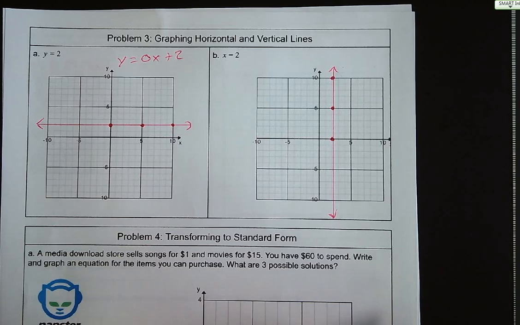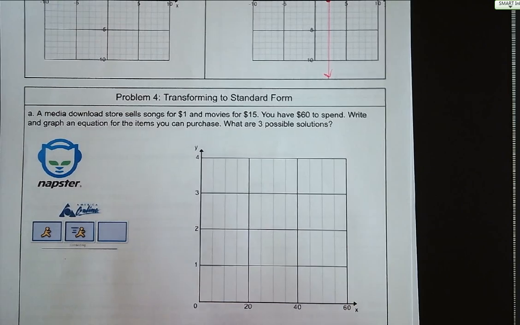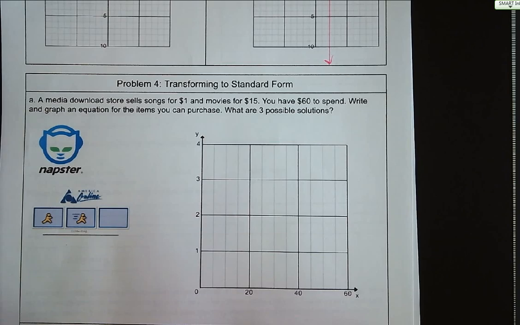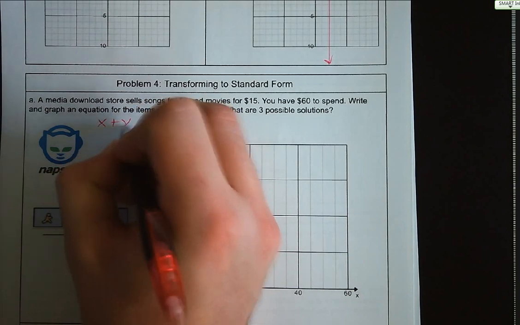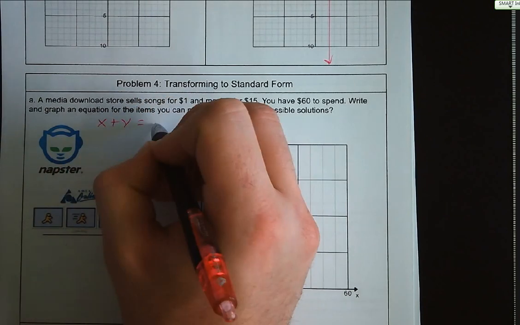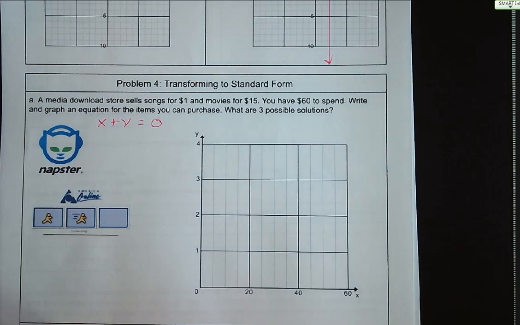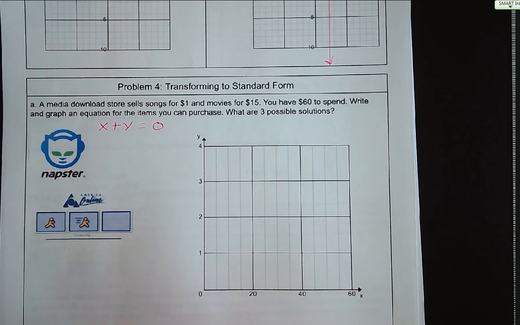All right, so next up, we've got transforming to standard form. We're going to write our equation in standard form. A media download store sells songs for $1 each and movies for $15 each. You have $60 to spend. Write and graph an equation for the items that you can purchase. What are 3 possible solutions?